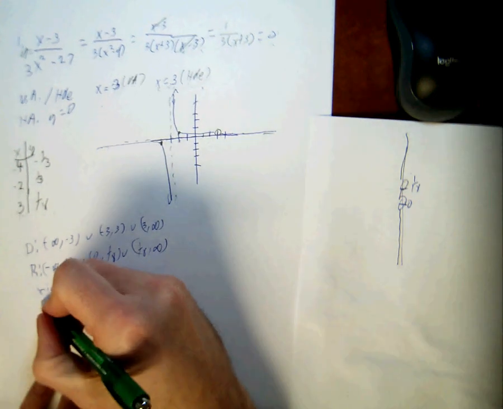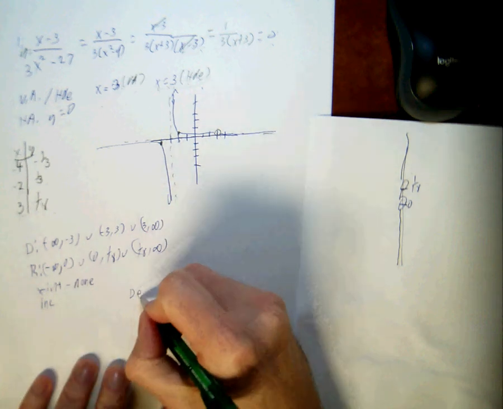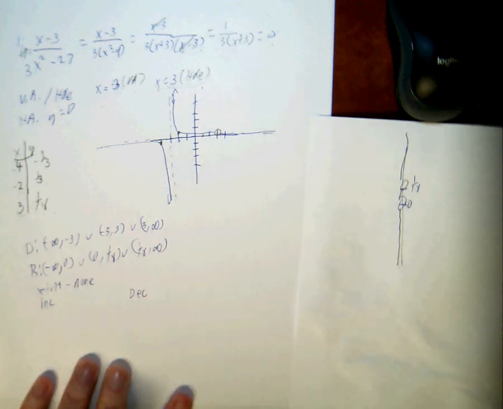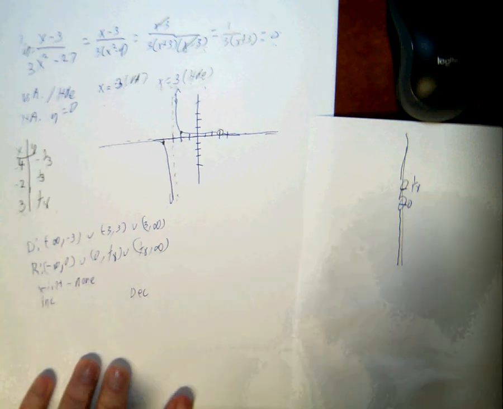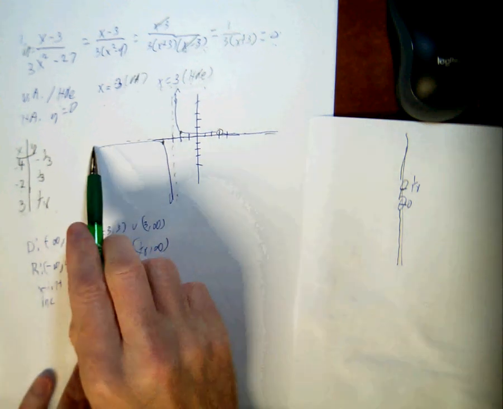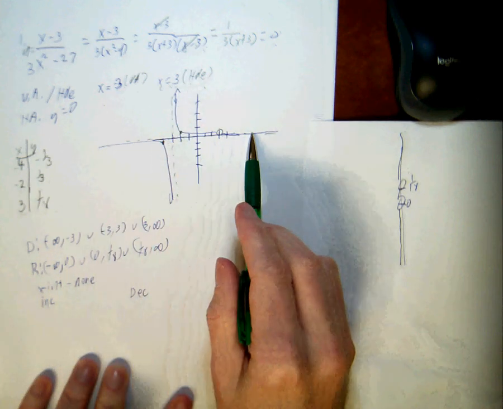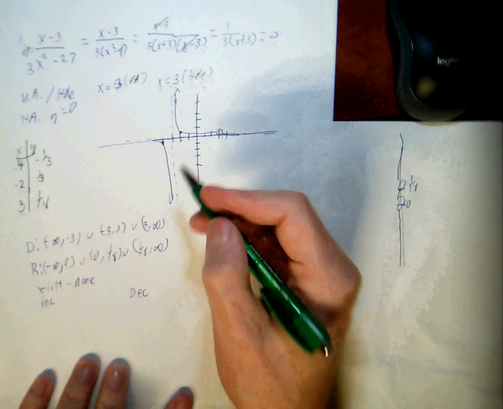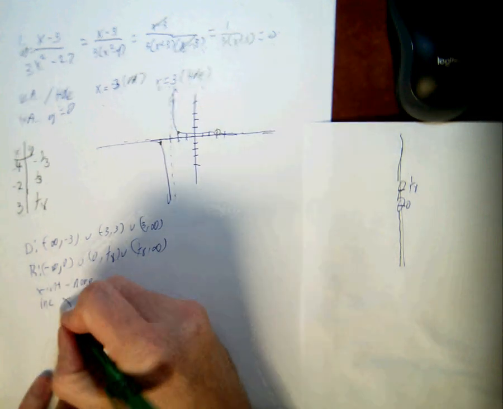I also have where is this thing increasing and where is this thing decreasing. Okay. Well, increasing and decreasing is as you go from left to right, are you going up or down? So as I go from left to right, I'm going downhill here, I'm going downhill here, and I keep going downhill. So it's always going downhill, so there's no place where it's increasing.